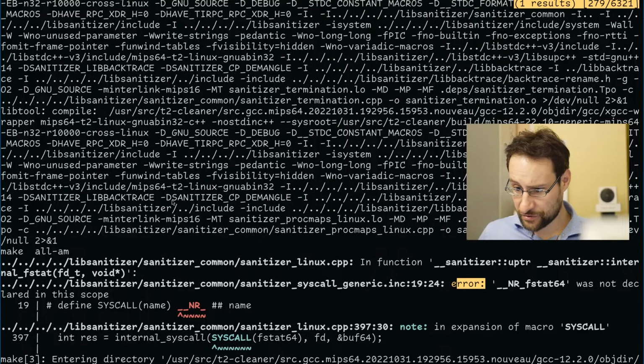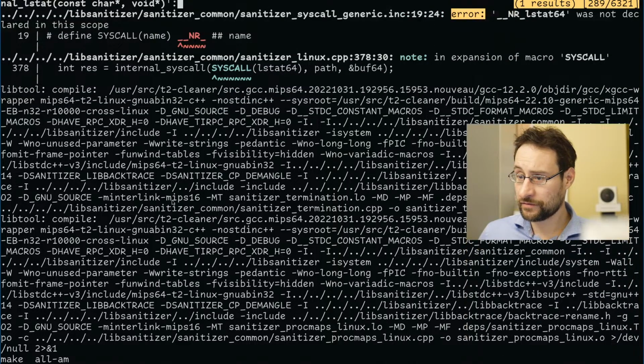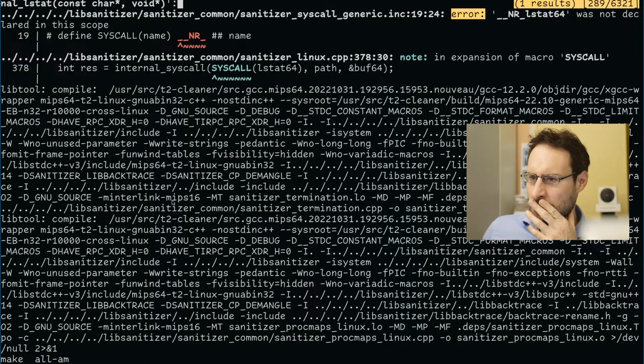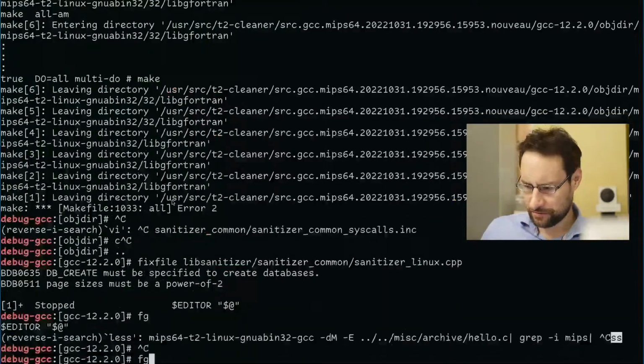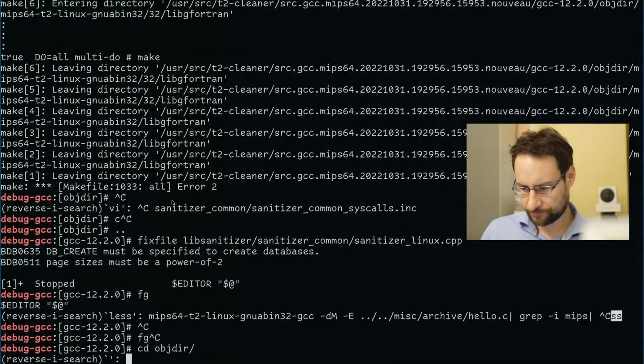Maybe it would be best... Which do we see here? Which multi-lib variant is that? Nah, maybe I need to build this with... Actually, I wanted to go, didn't I?